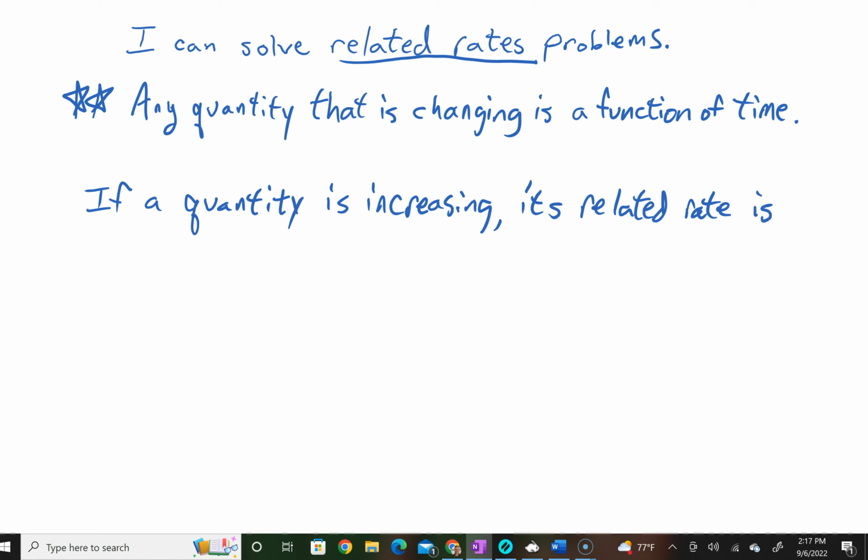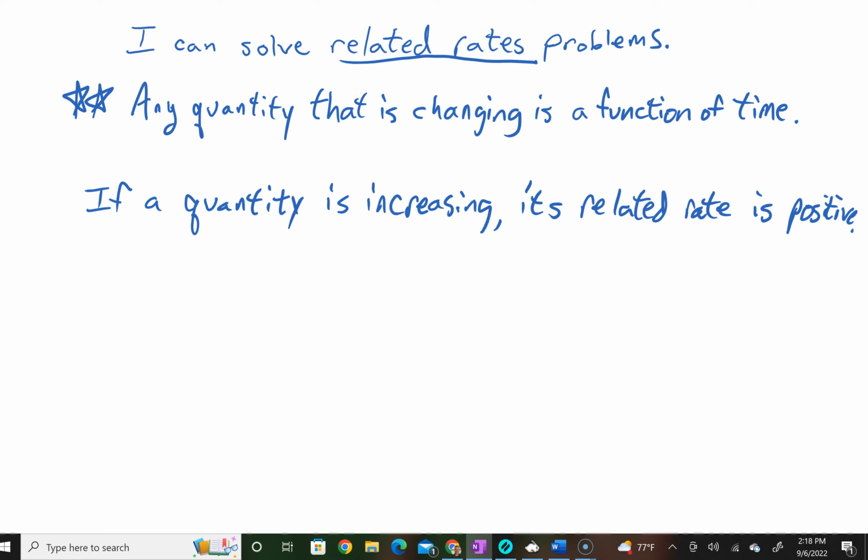So we might be looking at area getting larger, a side length getting larger, a distance that a vehicle is traveling. If it's getting larger, its related rate with respect to time is positive.